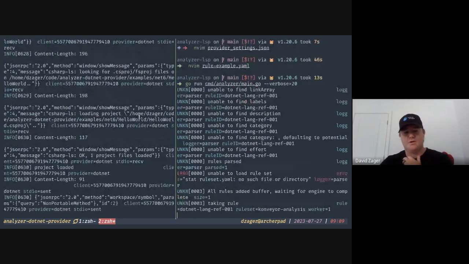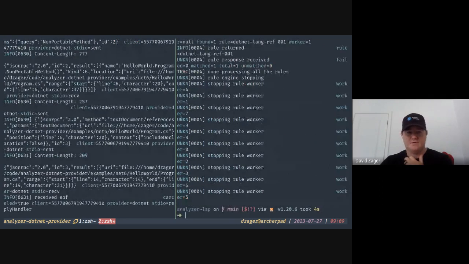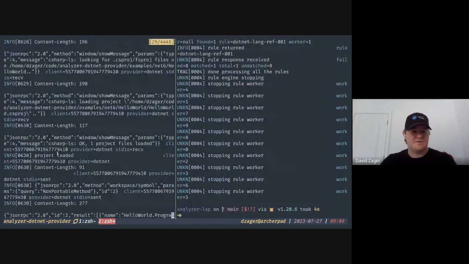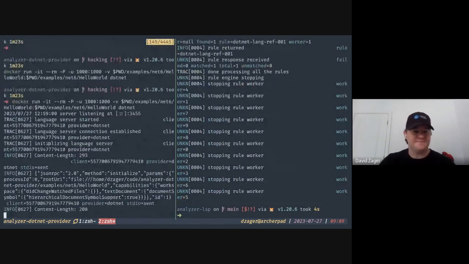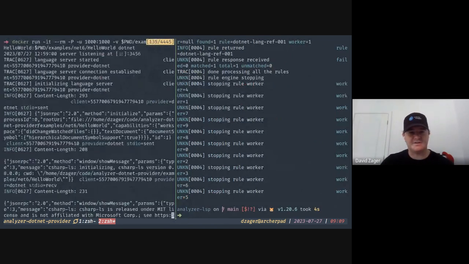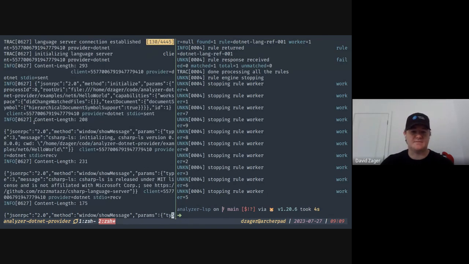It's going to go pretty quick, and I'm going to just step through it. So the first thing that you'll see on the left side is a lot of the log info that's available. The reason this is important is when you're trying to debug issues with language servers, it's going to be really helpful to see what's being sent.